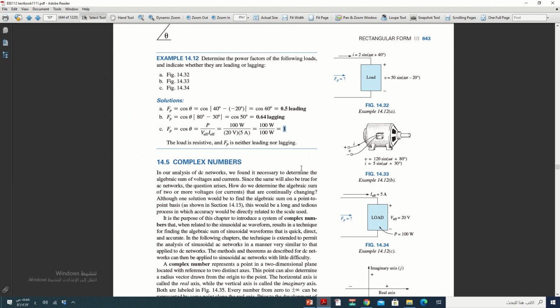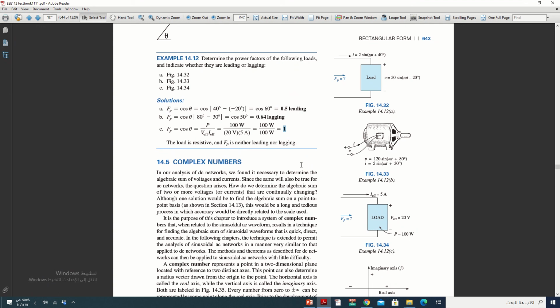Cosine theta equals 1 means theta equals 0. When the angle equals 0, the load is a resistor, the current and voltage are in phase. If it is in phase, this means the angle will be 0 between the current and voltage, and this comes only in the resistor.